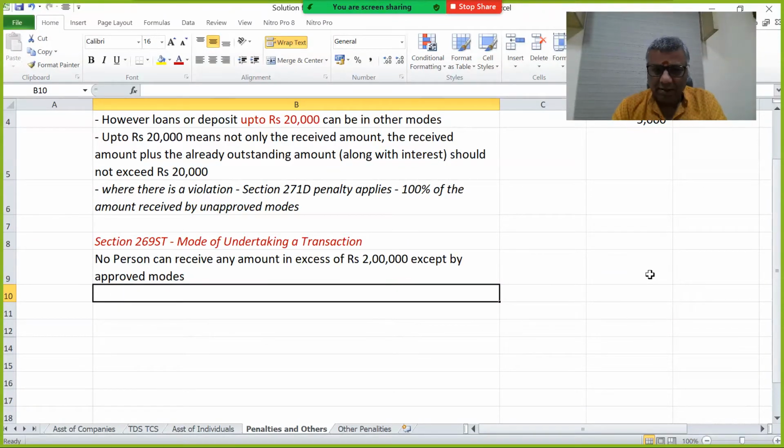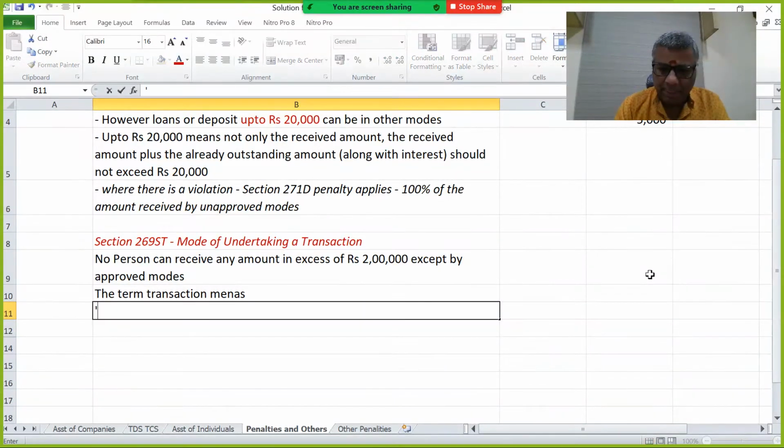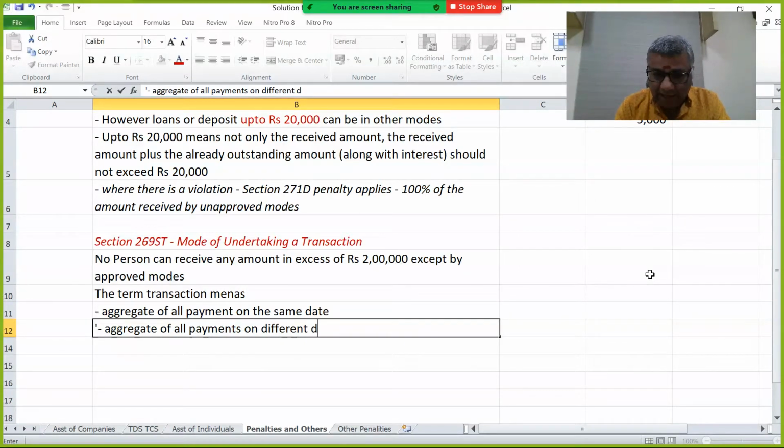The term transaction means the aggregate of all payments on the same date. That is also a transaction. Also the aggregate of all payments on different dates for the same purchase.